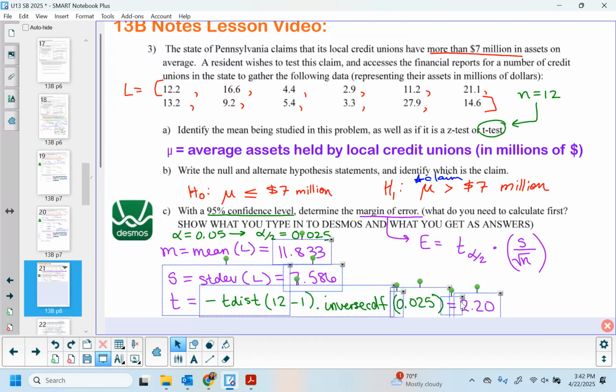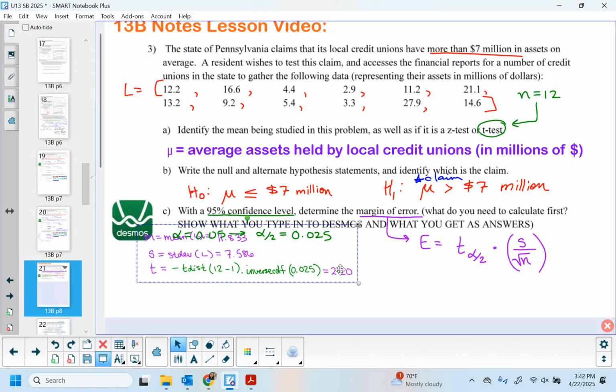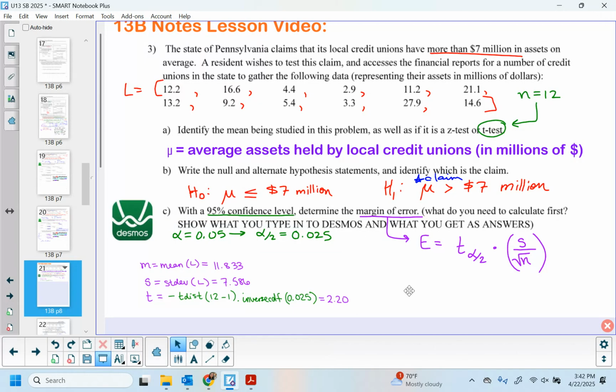So I'm just going to make this smaller so I have a little more room to write. Okay, so in my formula for E, I will put 2.20 for the t of alpha over 2. And then for s, in Desmos, I don't need to do that.